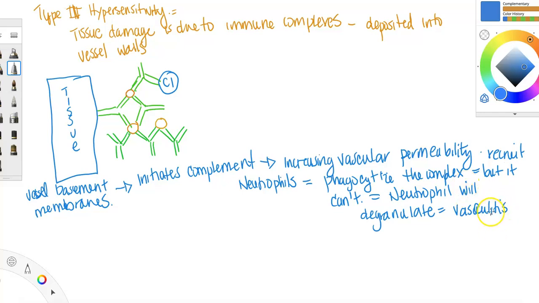So, chronic inflammation, ongoing vasculitis will lead to necrosis, which will lead to more vasculitis, and more antigen release.